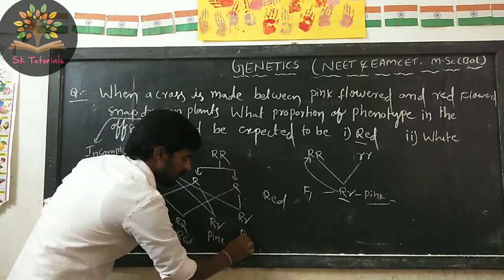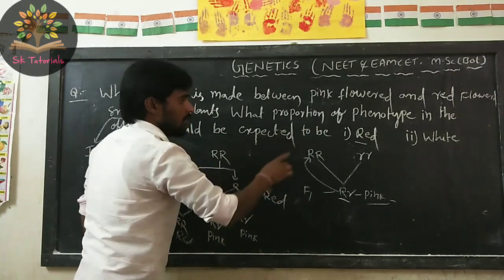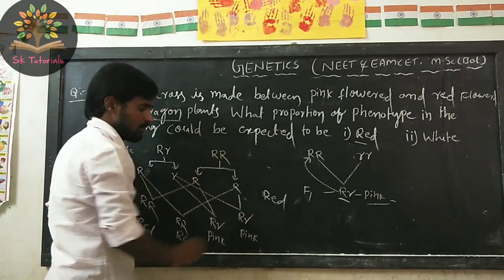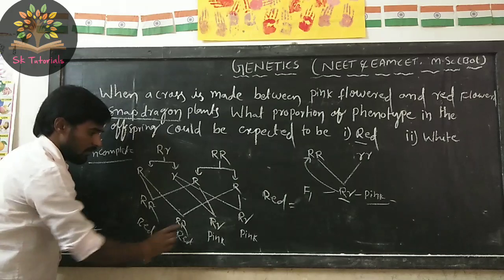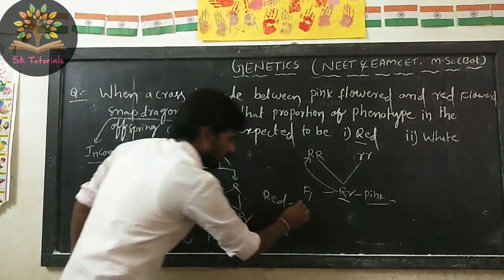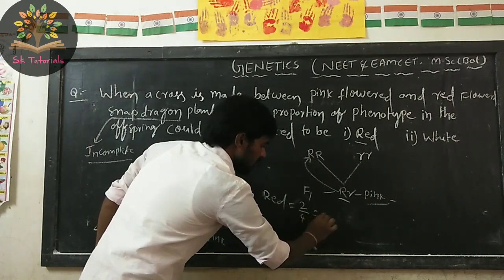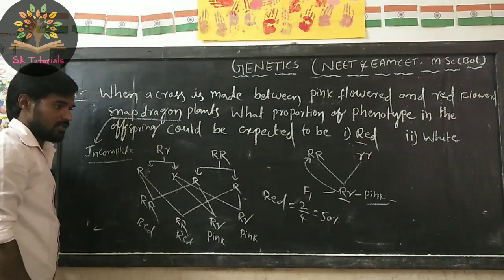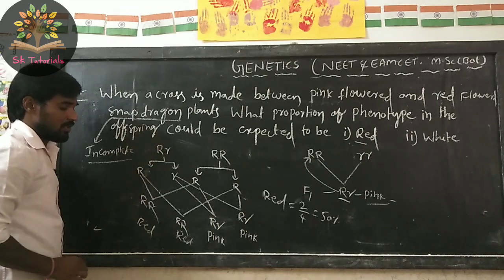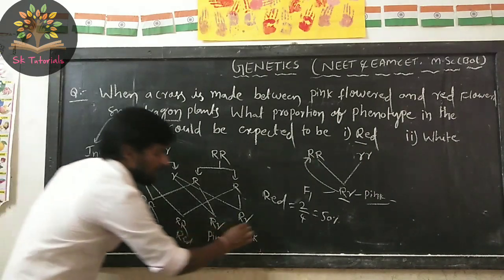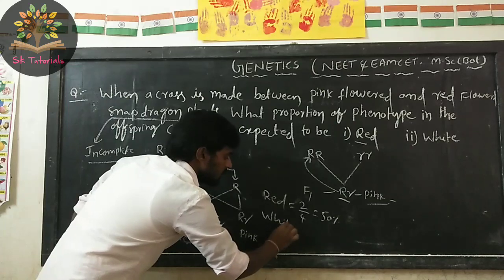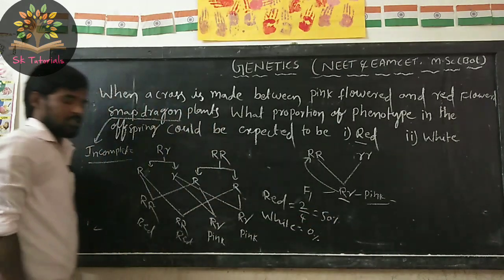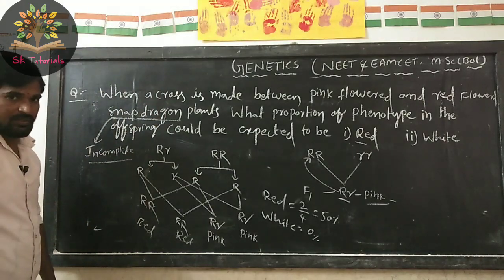We have to find out the phenotype proportion of red and white. What is the red phenotype proportion? Out of 4, how many red are there? 2. That is equal to 2 by 4, that is equal to 50%. What is the white proportion? How many white here? 0. 0%. There is no white.